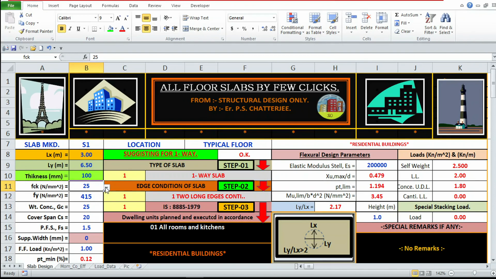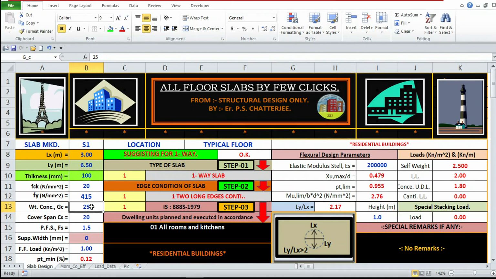For ordinary structure, M20 and M25 is sufficient. And for steel, I have written here 250, 415, 500 and 550. This 415 and 500 is sufficient. We are considering here 415 grade of steel.